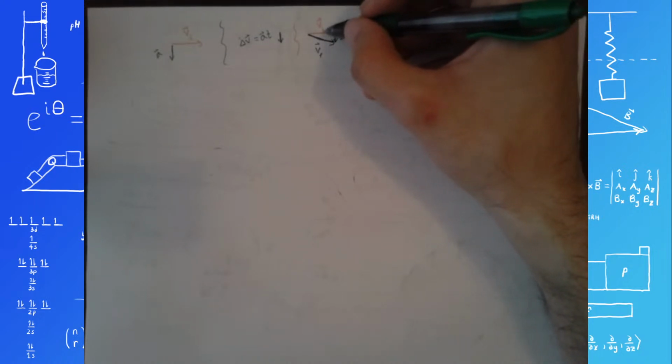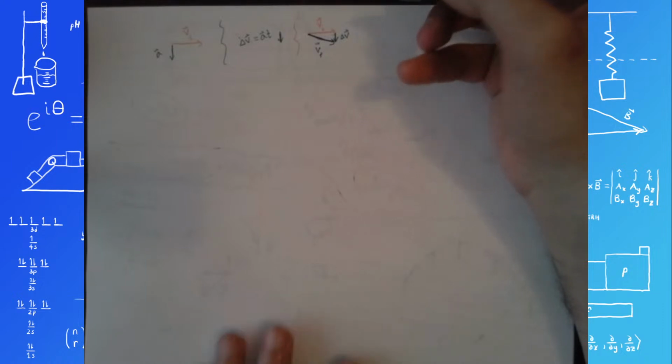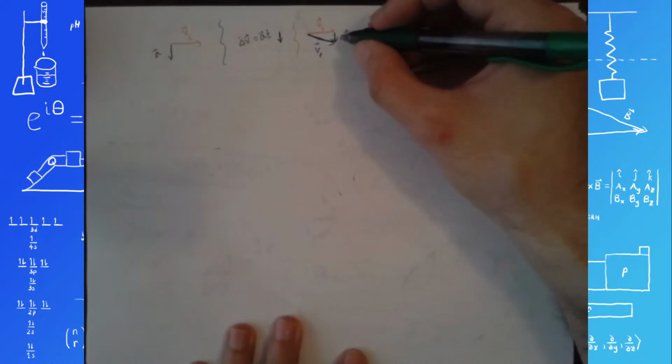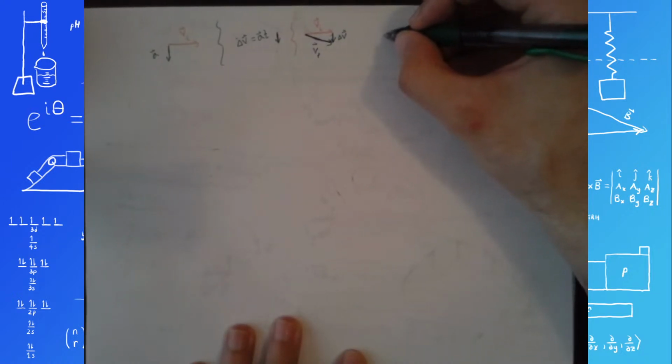So your delta V doesn't directly add to or subtract from your initial velocity's magnitude. It will over time, because you go from having no vertical component.